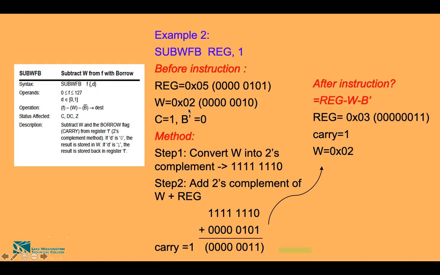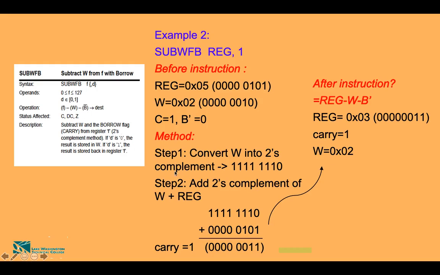And then your working register is 0x02 hexadecimal number, and this is the binary representation. Carry is equal to 1, and then this B bar is equal to 0, because you see the operation to be performed is this one, F minus W minus B bar. In the previous case, we didn't have any B bar. In this case, we have, which is equal to 0. So we have to perform this operation. We have to subtract in this way.